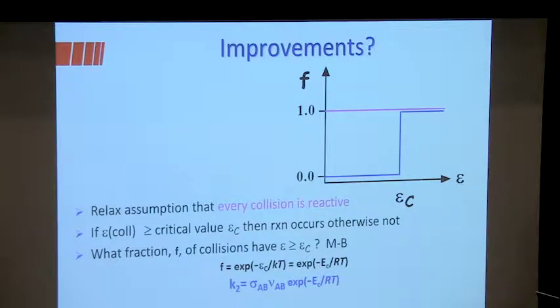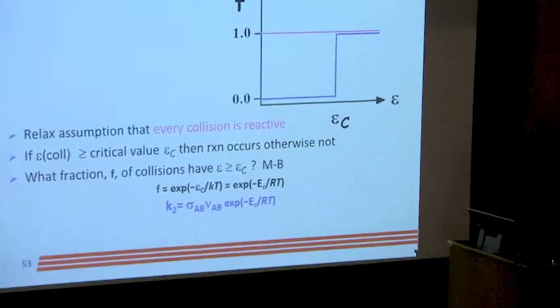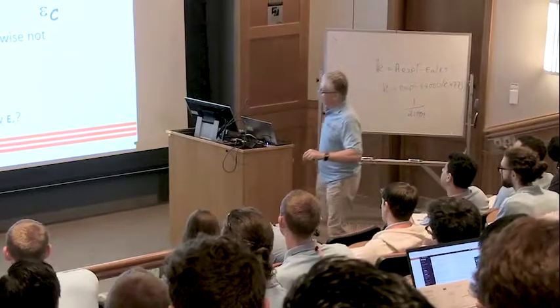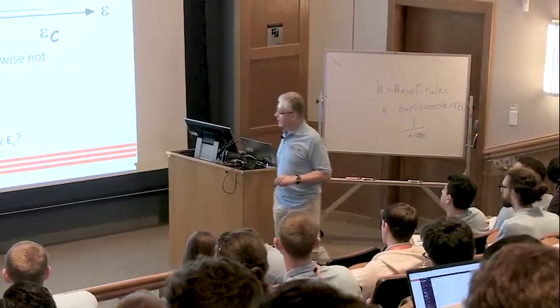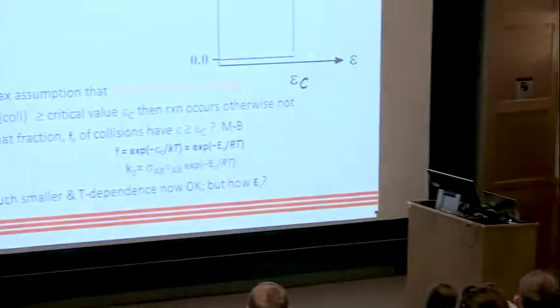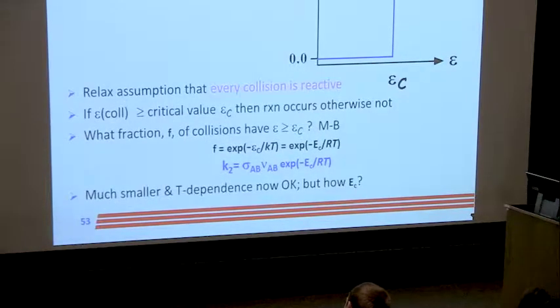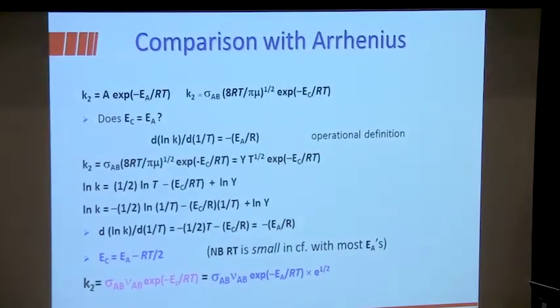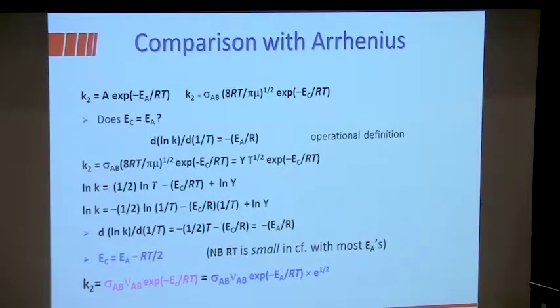Everything is perfect. So simple collision theory and Arrhenius are the same. Well, they're not. They're very similar, but they're not quite the same. What I'm saying is that the critical energy is not the activation energy. If we compare with Arrhenius, we have the rate constant is equal to A e to the minus EA over RT.